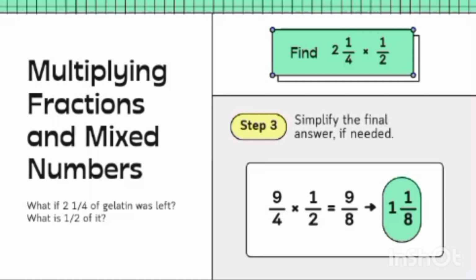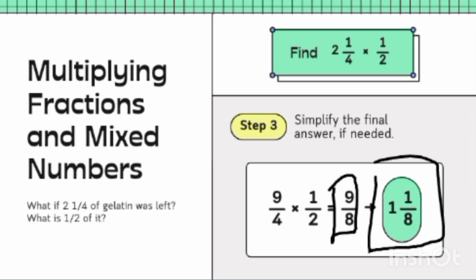Then you need to convert that into a mixed fraction. If it is not an improper fraction, just keep it how it is. But if it is an improper fraction, convert that into a mixed number.